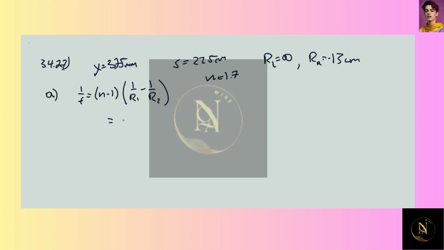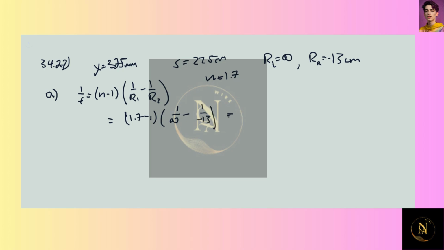Now, the first R1 is always the first interface we're entering, and that's the left side, and it already said the left side is flat. So we know that this is 1.7 minus 1, times R1 is our left, which is infinity, and now we have minus 1 over negative 13.